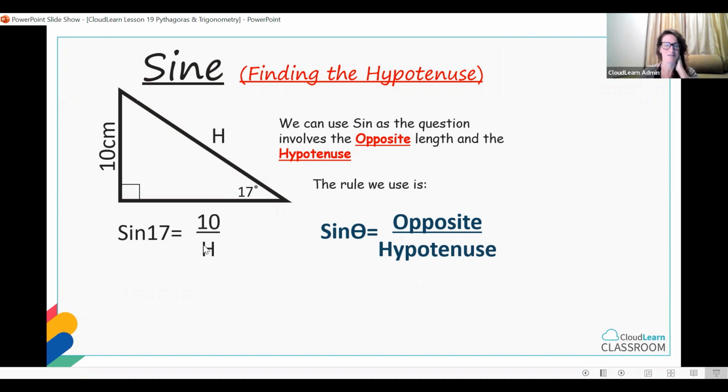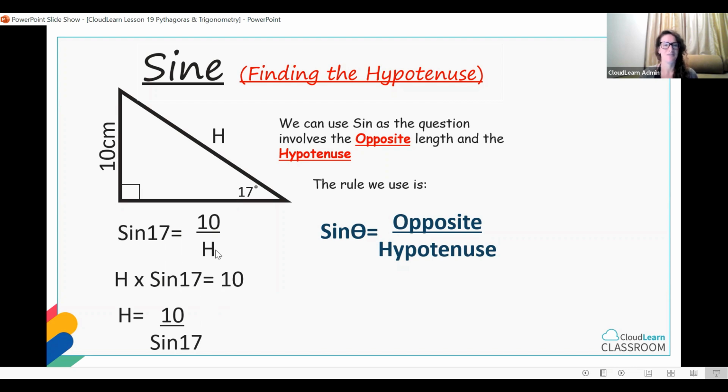Okay, so when the missing side is on the denominator of the fraction, we need to multiply both sides by that denominator. So we've got h times sine 17 is 10, but we're still not able to actually solve it yet until we divide both sides by sine 17. So the hypotenuse is going to be equal to 10 divided by sine 17. Okay, so 2 steps there.